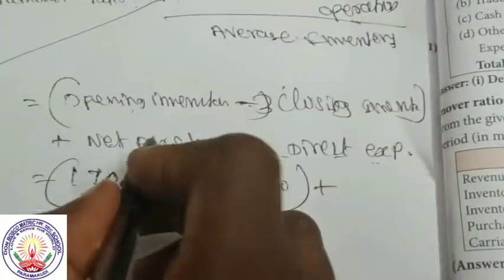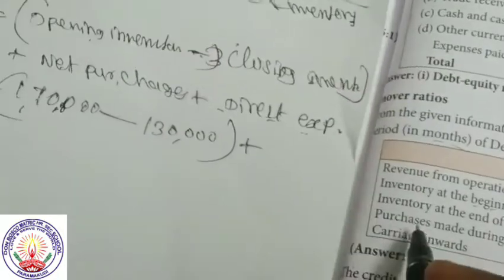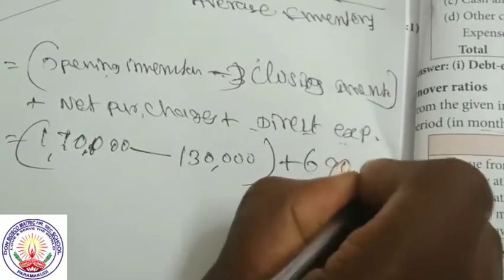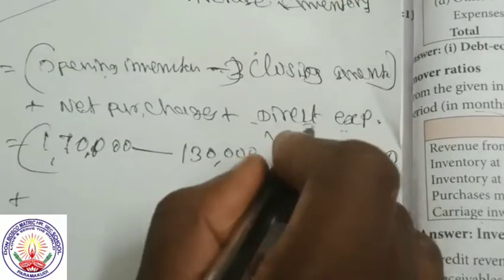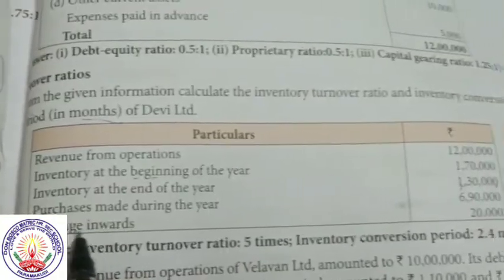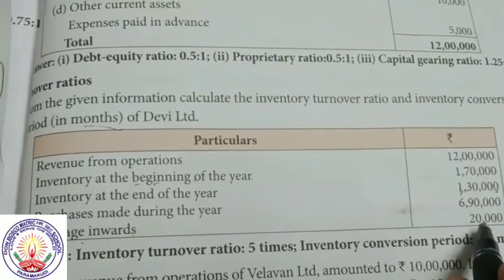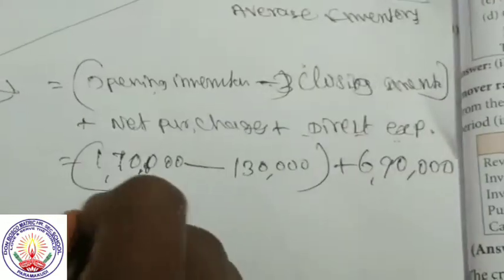Plus net purchase, how much rupees? Purchase made during the year 6,90,000. Plus direct expense. What are the direct expenses? Carriage inward is called direct expense, rupees 20,000.